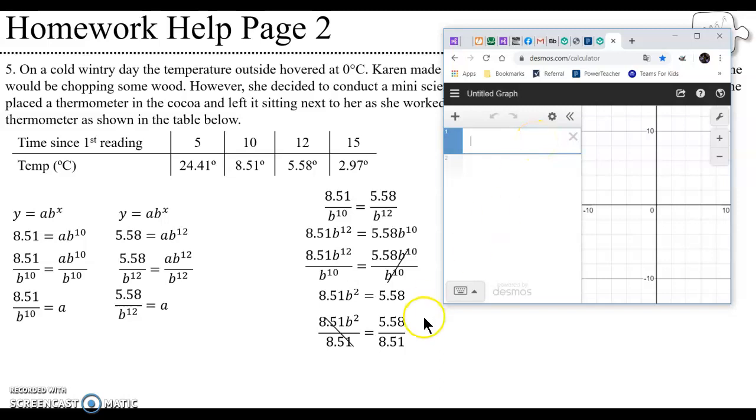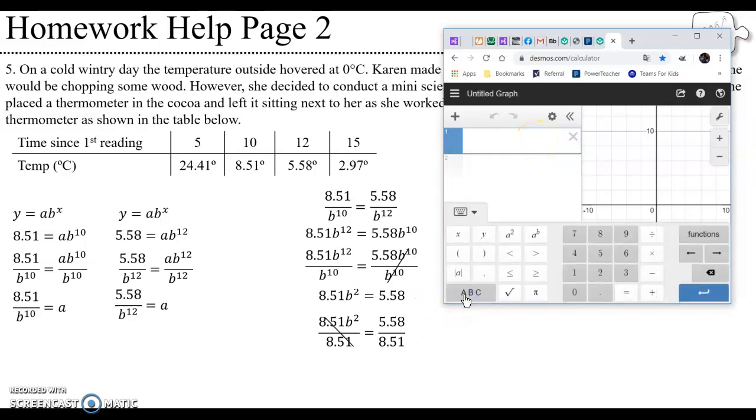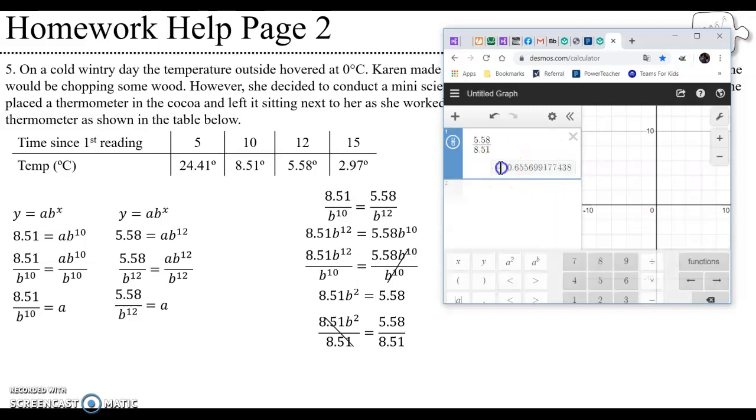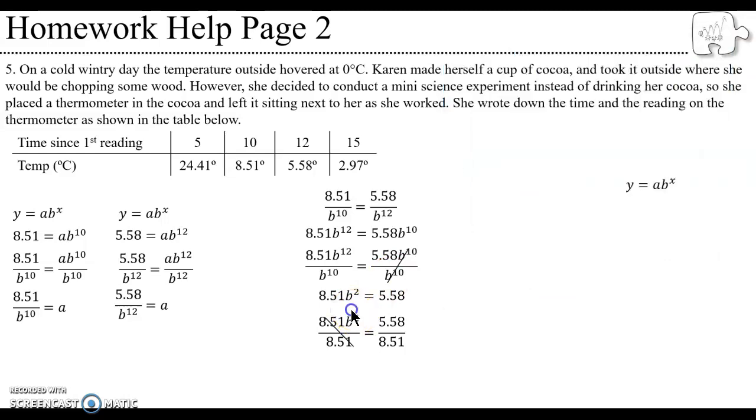And we're just going to say 5.58, and then remember divided by 8.51. It's like 0.655, and we can round that up, so 0.656.